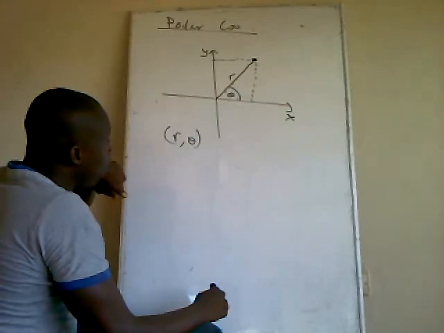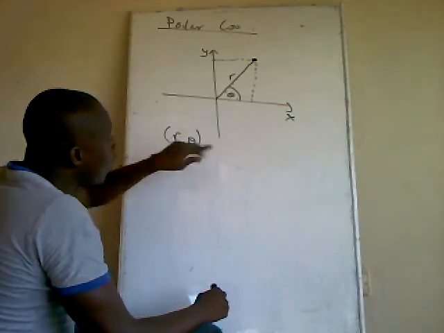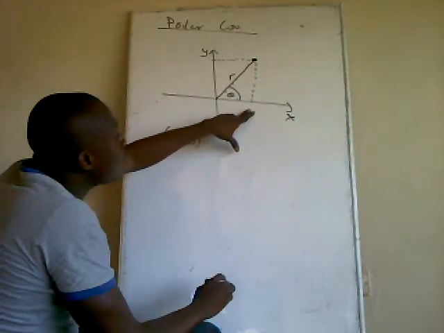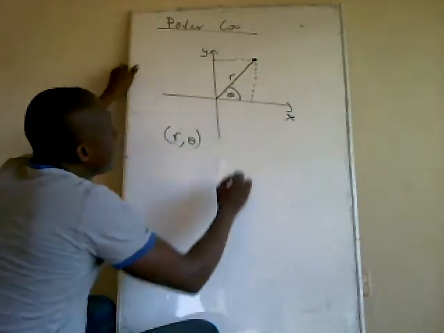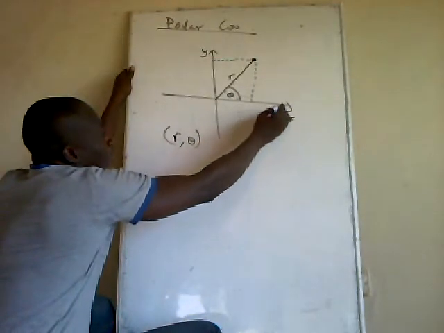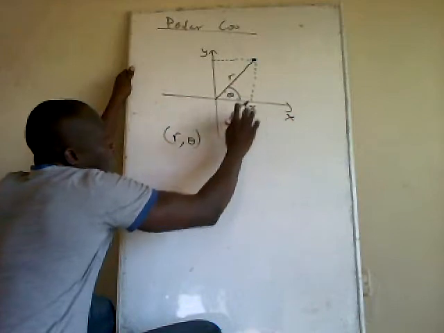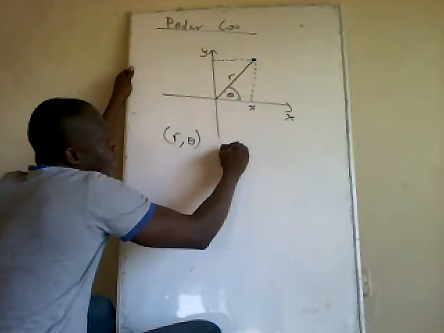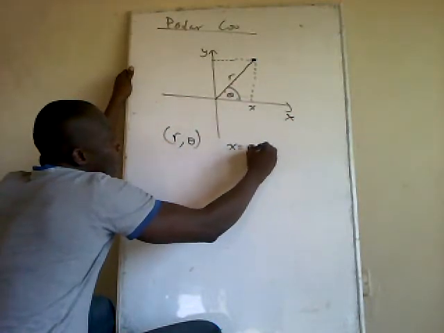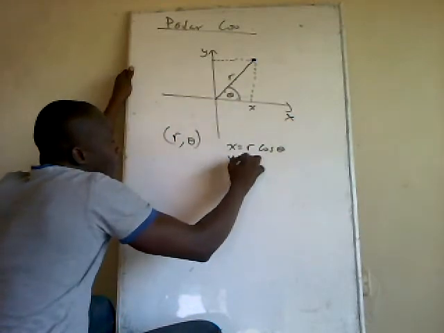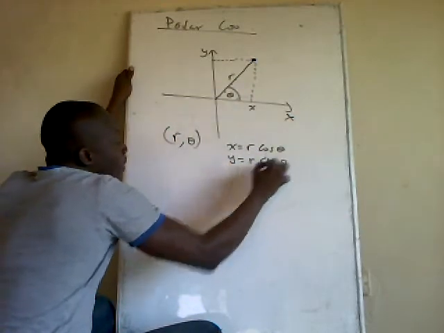From SOHCAHTOA, I hope you remember trigonometry, we can say that x here is equal to r cos theta, and y there will be equal to r sin theta.